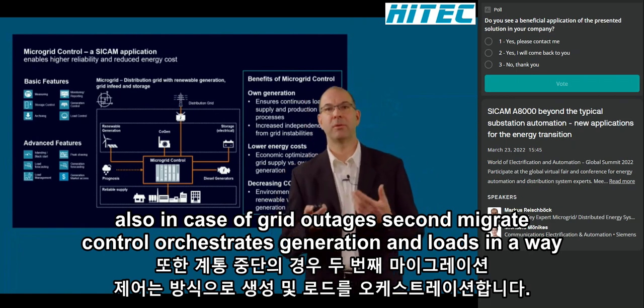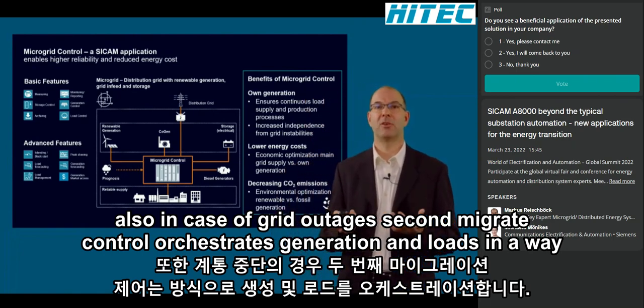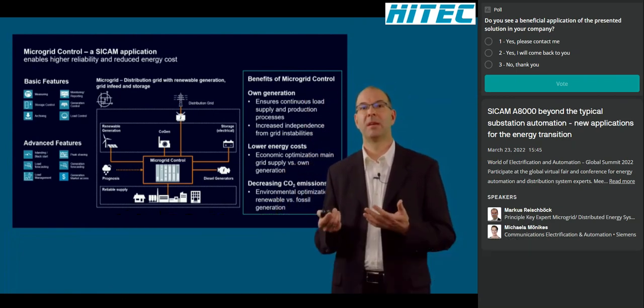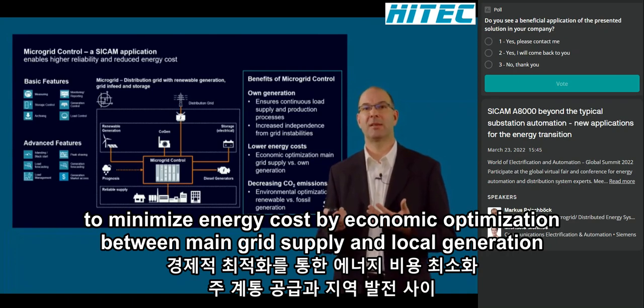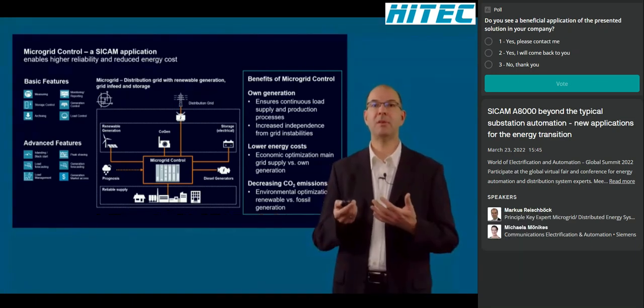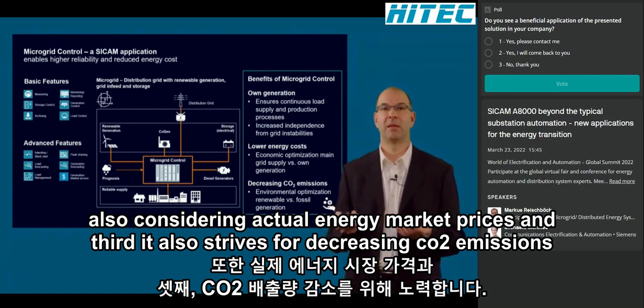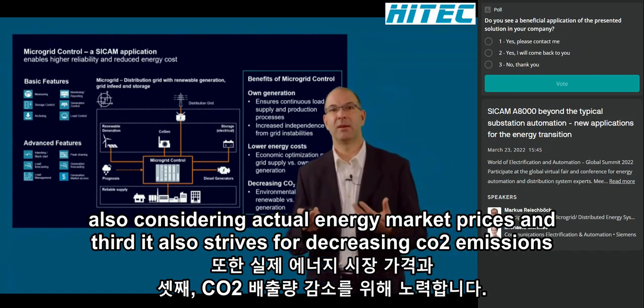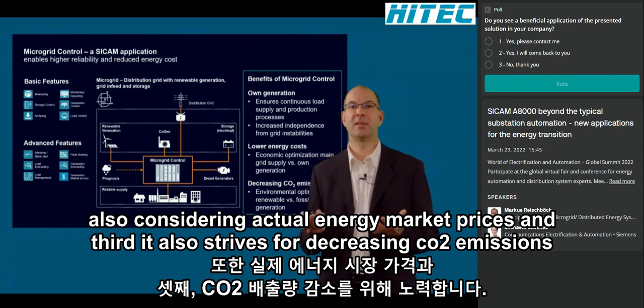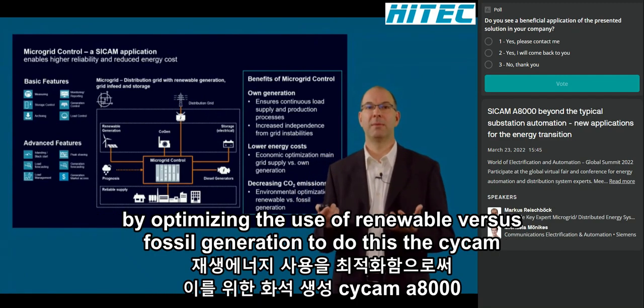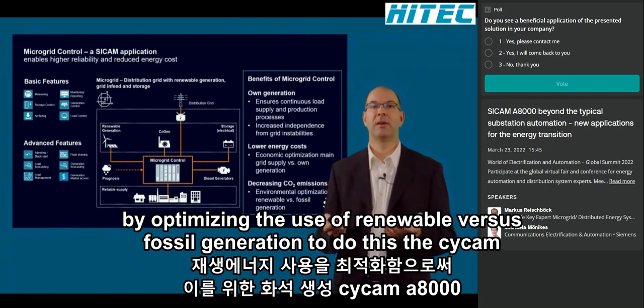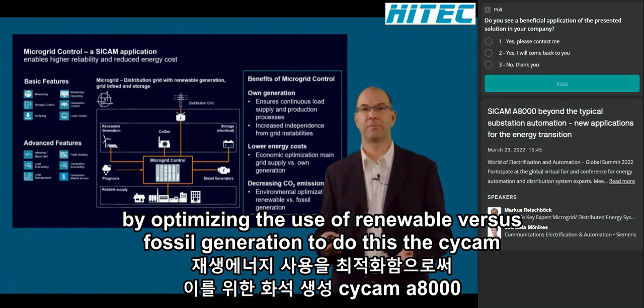Second, microgrid control orchestrates generation and loads in a way to minimize energy cost by economic optimization between main grid supply and local generation, also considering actual energy market prices. And third, it also strives for decreasing CO2 emissions by optimizing the use of renewable versus fossil generation.